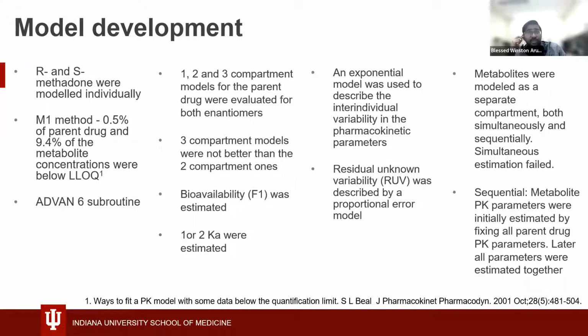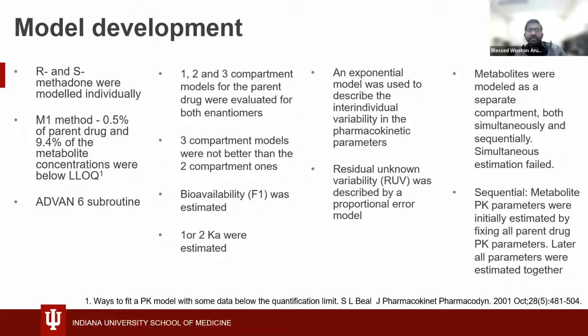And the metabolites were modeled as a separate compartment. We tried doing both simultaneously and sequentially. In sequential, what we did is fix the estimates of the parent compartment parameters, and then estimate the metabolite parameters. Simultaneous is where you try to do it together.